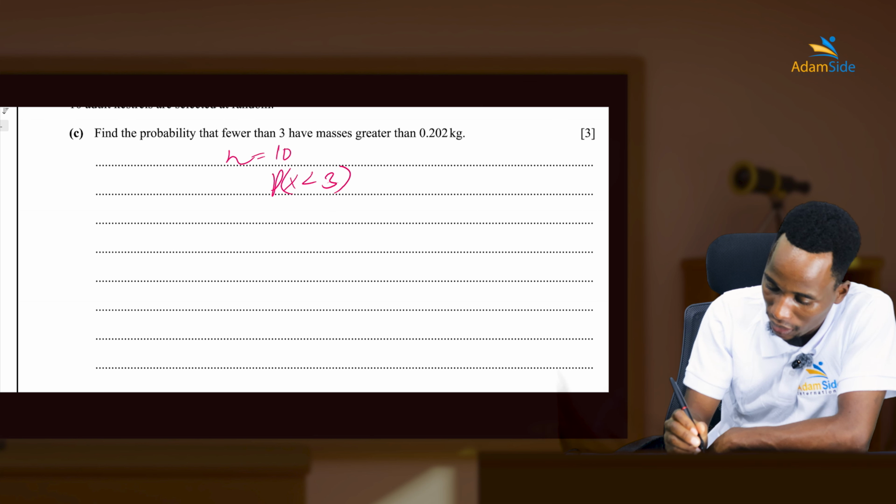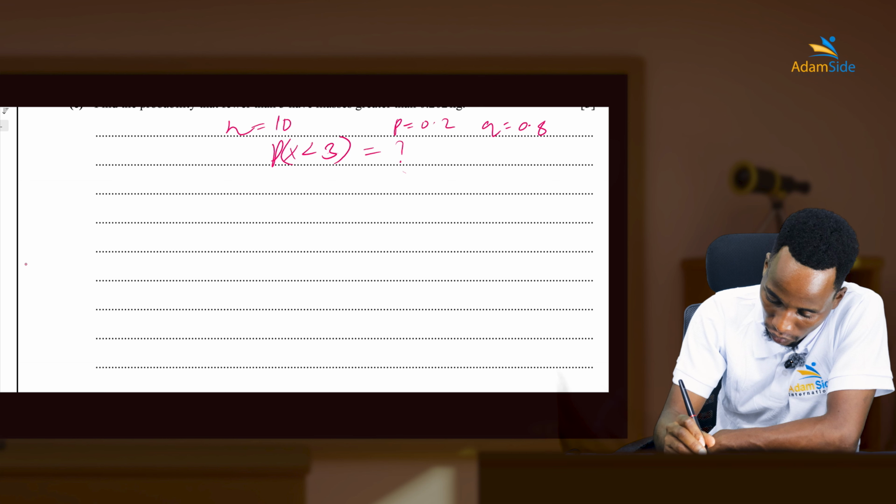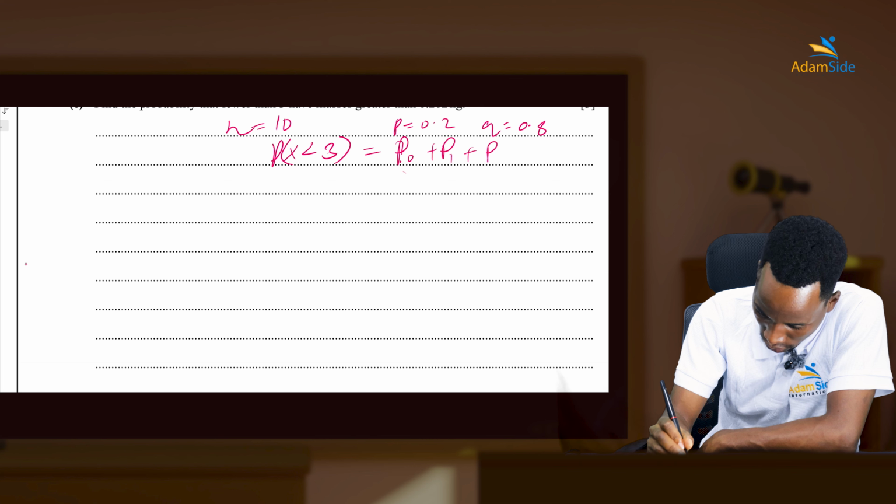So the probability of success is 0.2, p equals 0.2, and q will be 0.8. For less than 3, we find the probability of exactly 0, plus exactly 1, plus exactly 2.